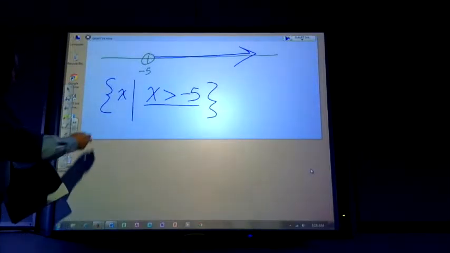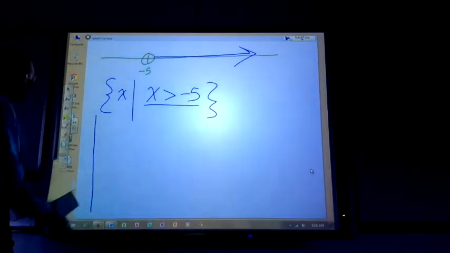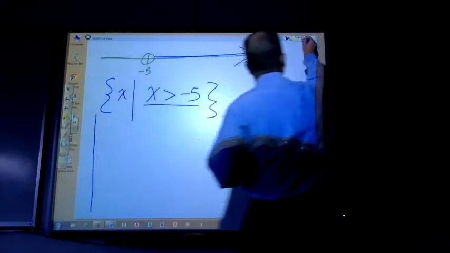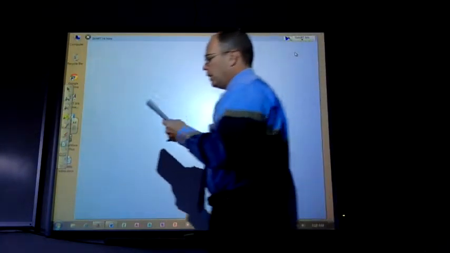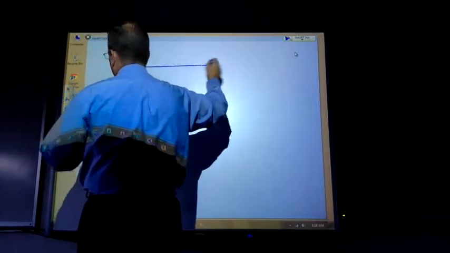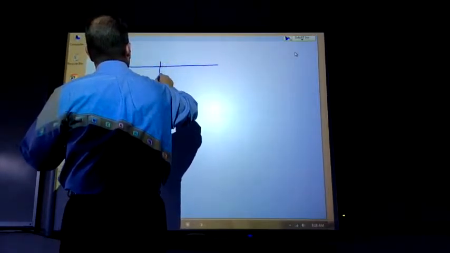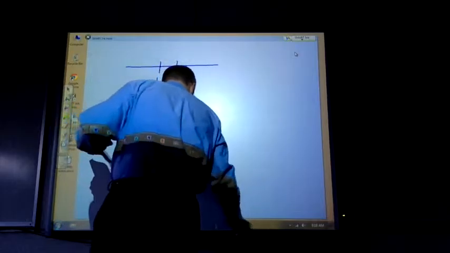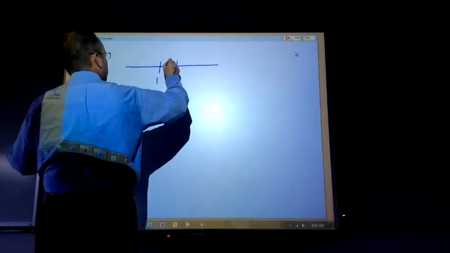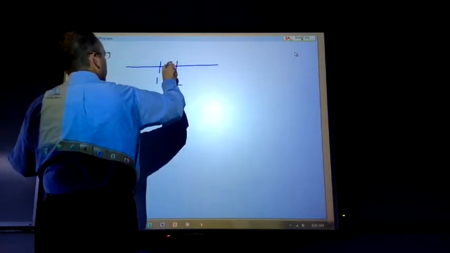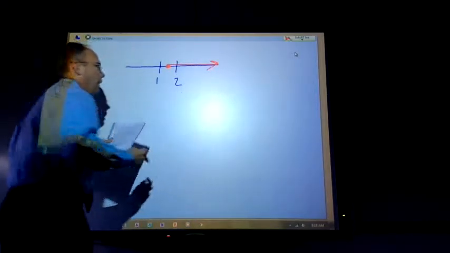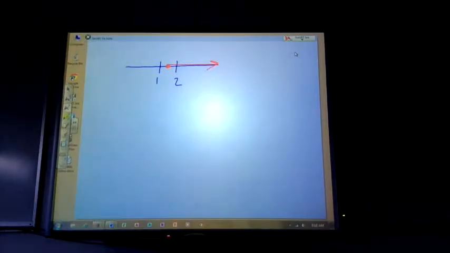May I clear the ink on this? So next problem, we had a number line, and we have 1, and we have 2, and we have a solid dot right in between the two. So what do you think that the point is referring to in between the 2 points? What number do you think we're talking about? 1.5?